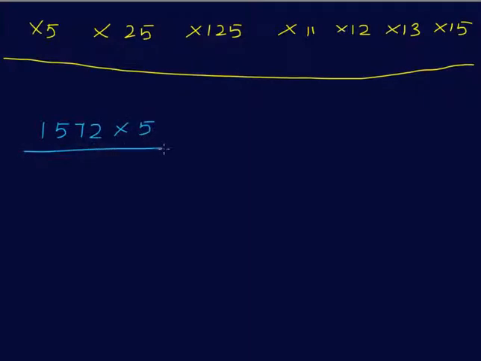In our method, we immediately add a 0 to the end of this number. That's multiplication by 10. Now we divide this number by 2. 7s are 14, 8 2s are 16, 6 are 12, 0. 7860. So 1572 multiplied by 5 is 7860.